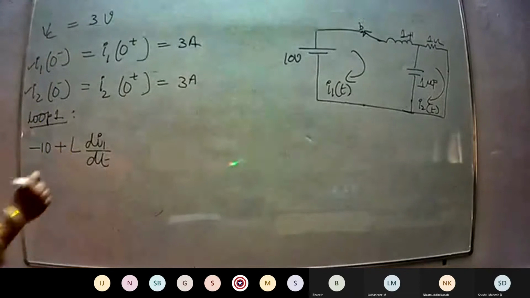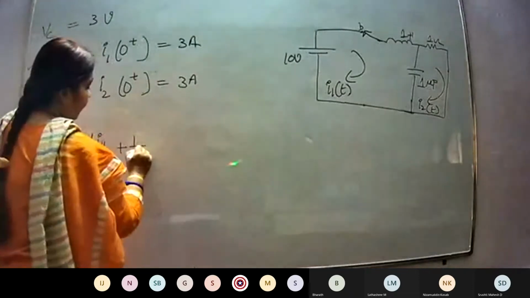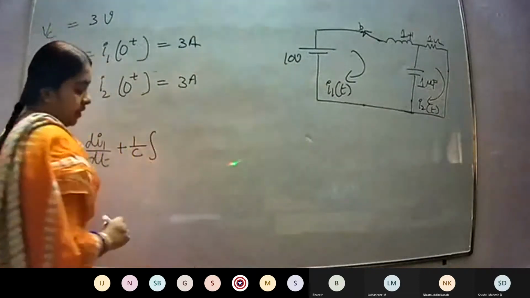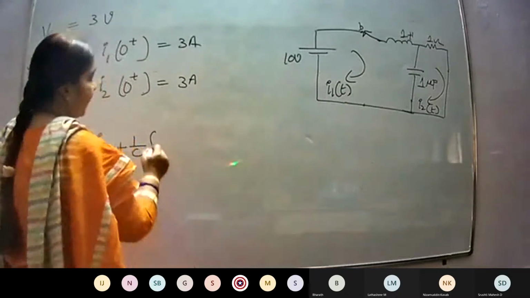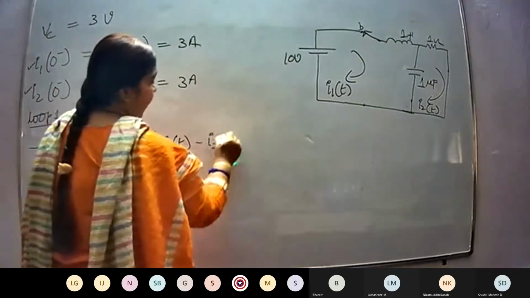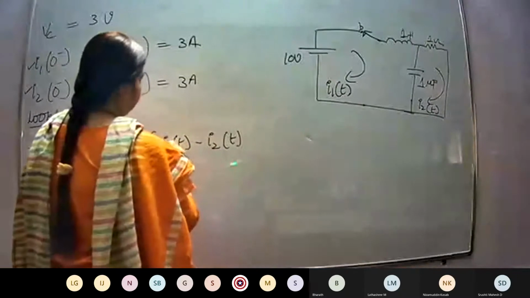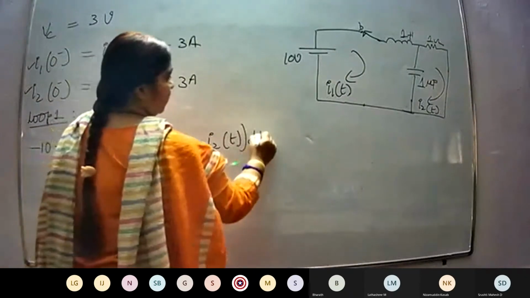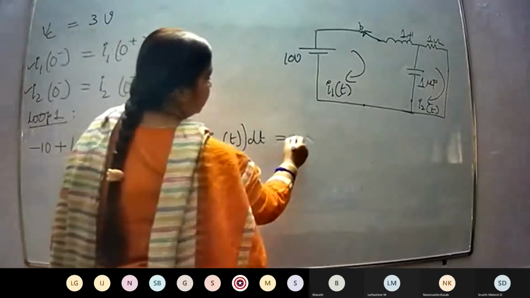What is the capacitor? Plus 1 by C integration. In the capacitor we have two currents passing, that is I1 of t minus I2 of t, dt is equal to 0.